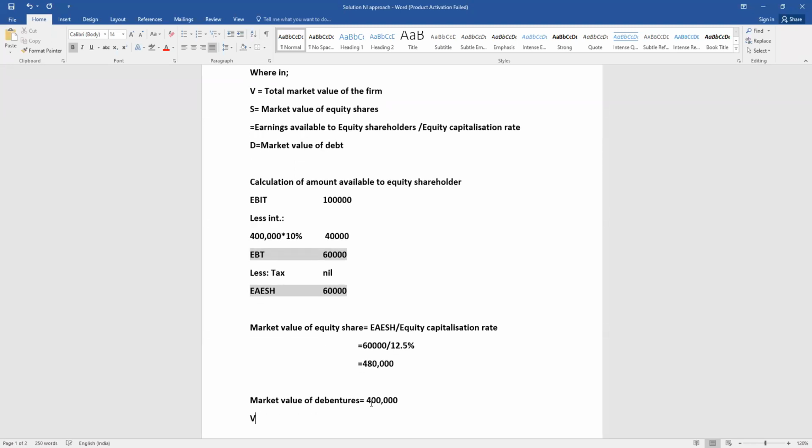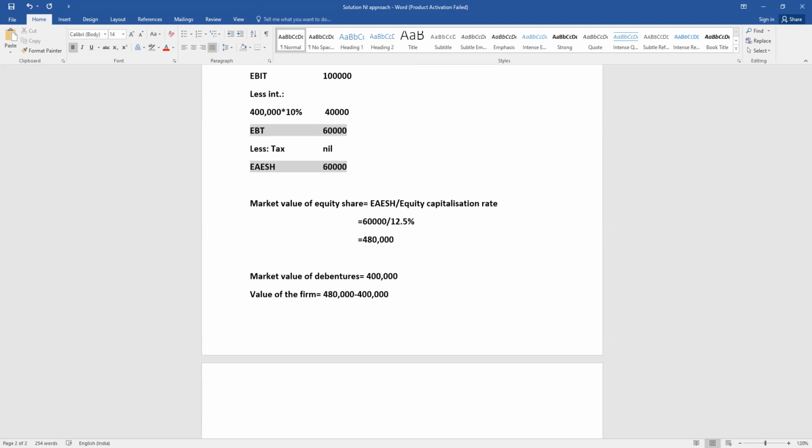So your value of the firm is equal to how much? 4,80,000 plus 4 lakh is equal to 8,80,000.